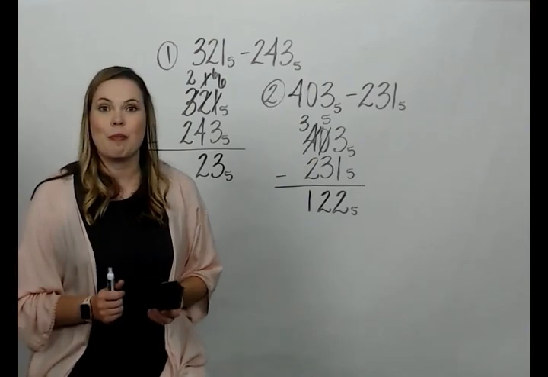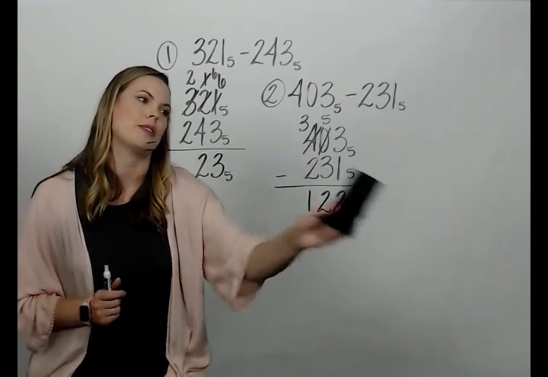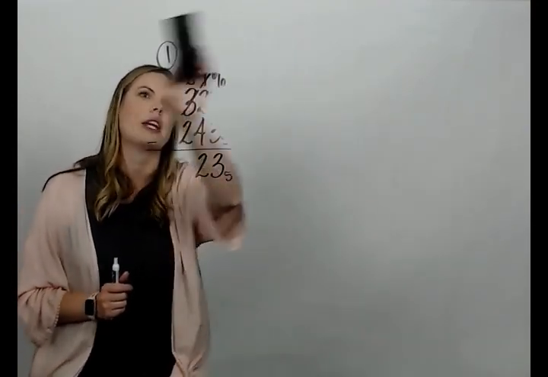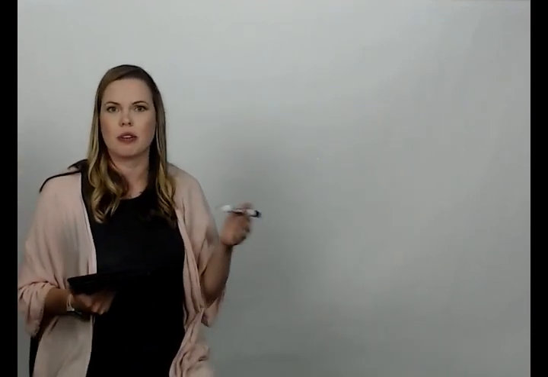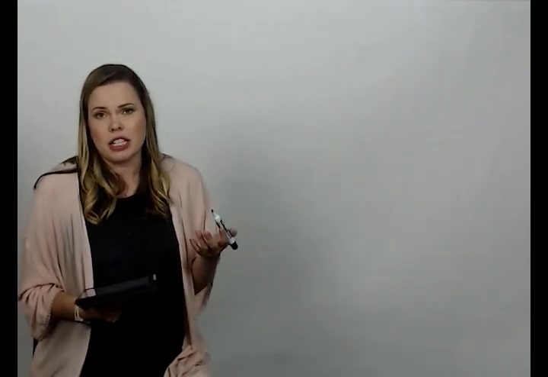Let's move to some base 12 examples. So in base 12, we need digits of 0 through 11, just like in base 10 we have 0 through 9, and in base 5 we have 0 through 4. So for base 12, 0 through 11. Well, we don't have a single digit to express 10 or 11, so we use an A for 10 and a B for 11.